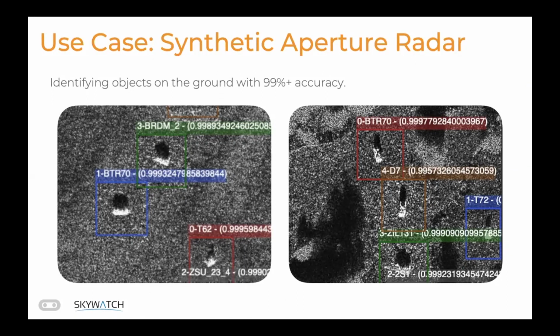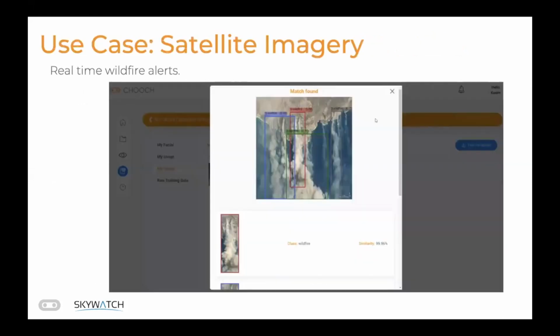And we did this by tagging these objects in synthetic aperture radar data, uploading them to our system, then running them through our machine learning process. And now you can expose the system to new synthetic aperture radar data, and objects are identified with a high degree of accuracy. A little bit later, we're going to demonstrate how this works.